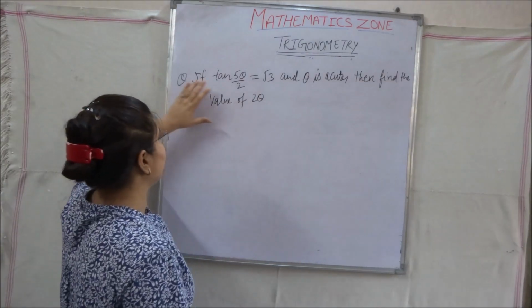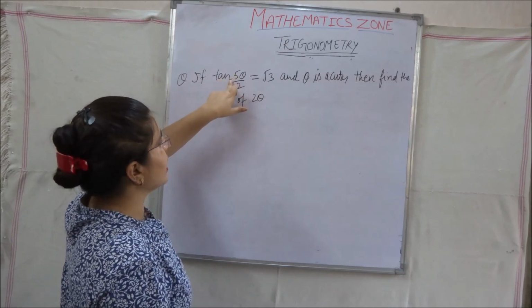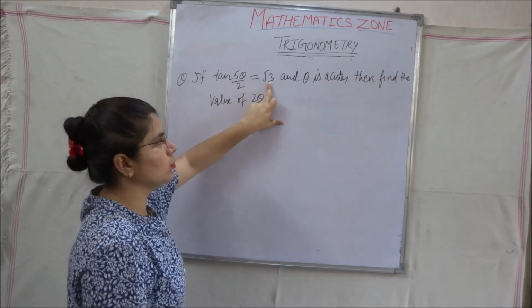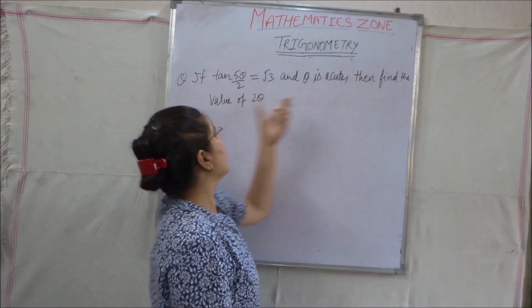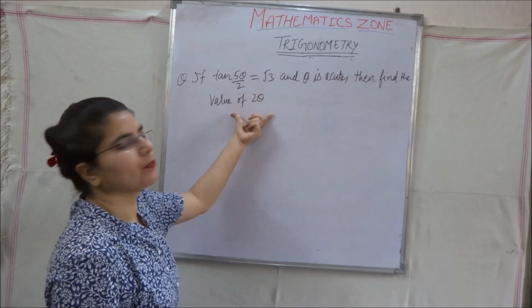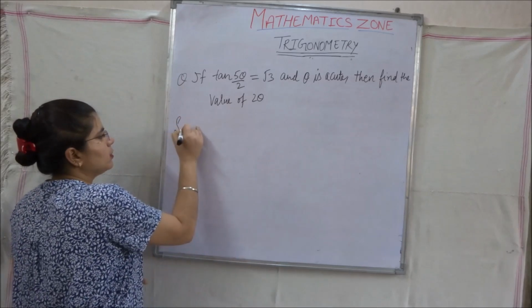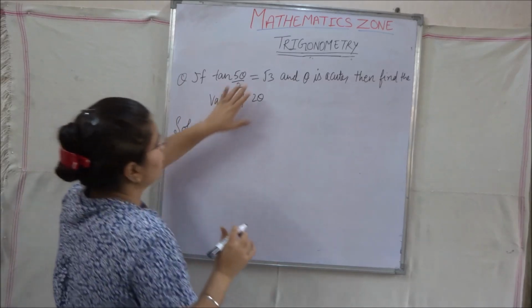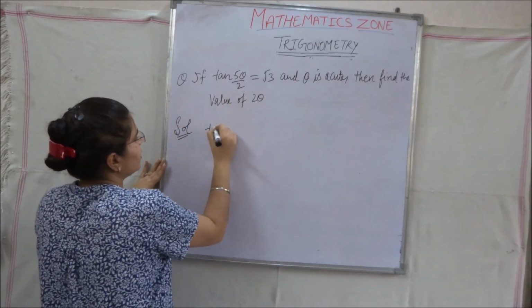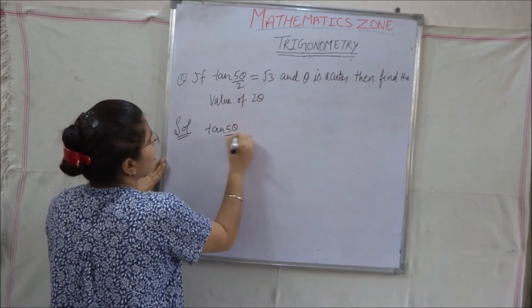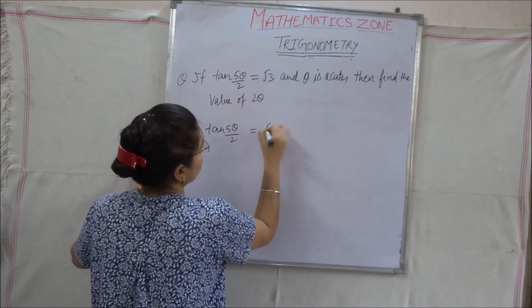So in this statement, if tan of 5 theta upon 2 is equal to root 3 and theta is acute, then find the value of 2 theta. Now the table which we had done will be useful here. We are given that tan of 5 theta upon 2 is equal to root 3.